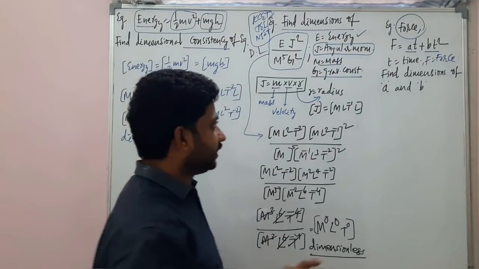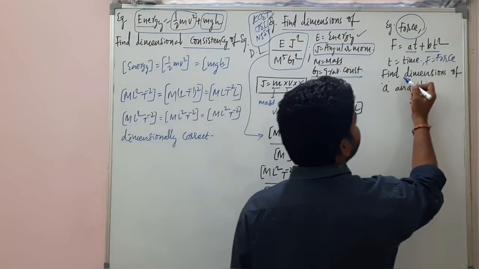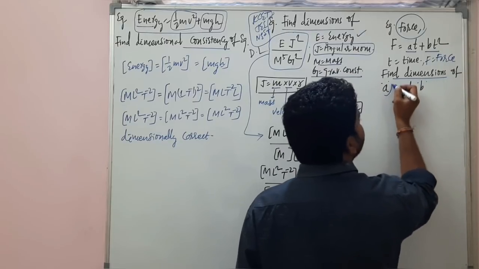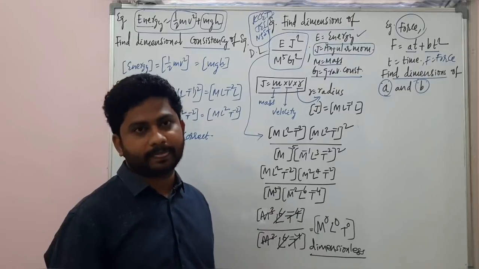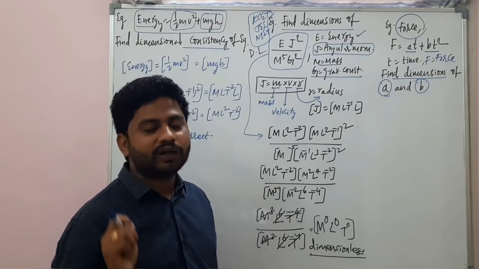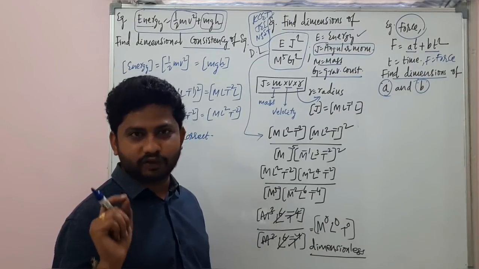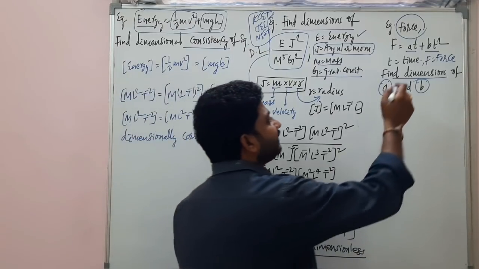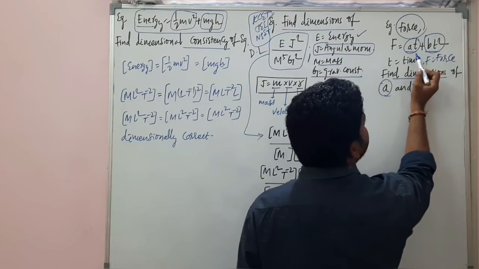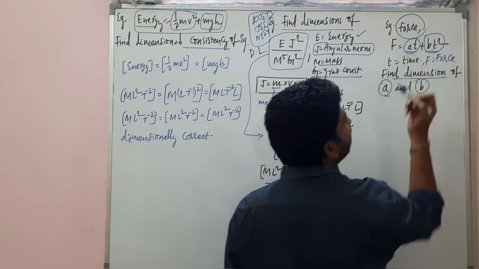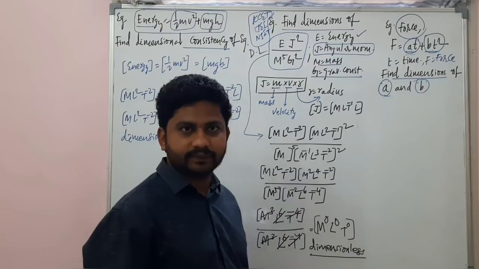Now the question is: find the dimensions of A and B. What I have told you is that, according to the principle of homogeneity, when an addition is taking place, the dimensions of this entity must be equal to the dimensions of this entity.